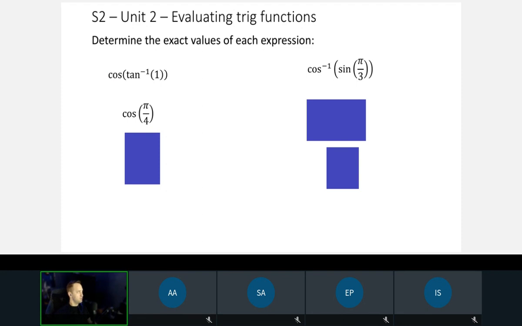And then once you do the arctan of 1 is pi over 4, we now look at the unit circle again, or you can just type this in, cosine of pi over 4. So this wants to know what's the x value at the angle pi over 4. So you look at your unit circle and you either type it in or look at it on the unit circle, and you should get rad 2 over 2.